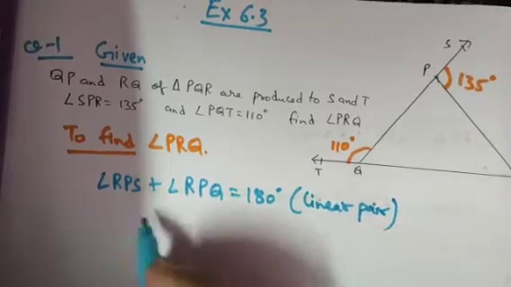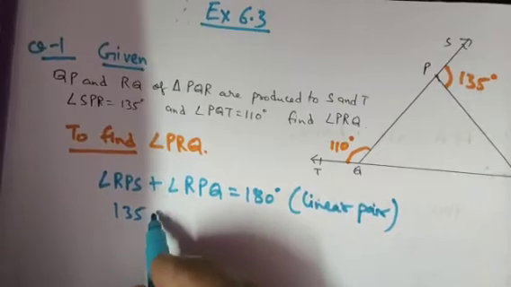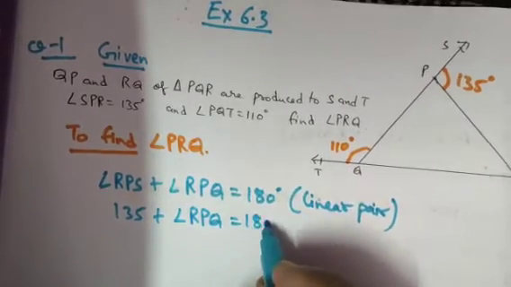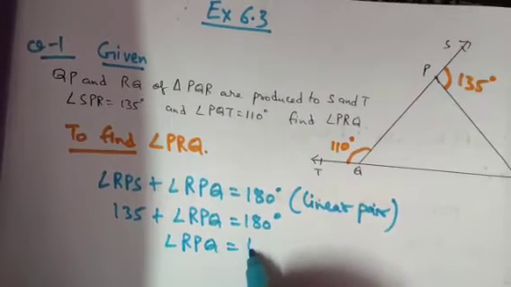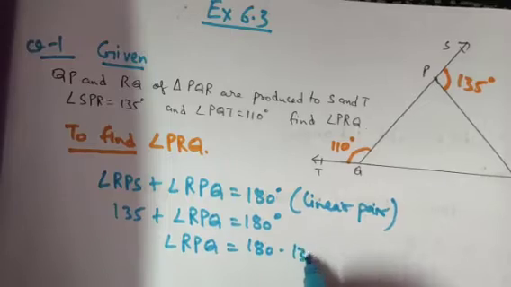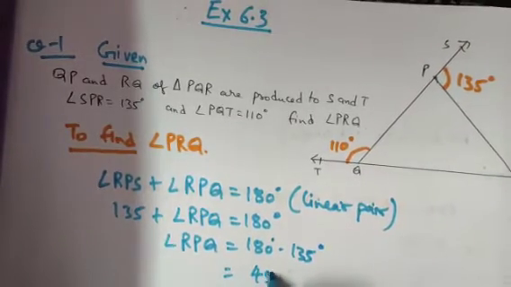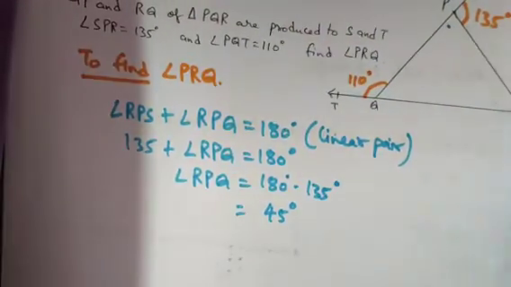RPS is given, that is 135, plus angle RPQ equals 180 degrees. So angle RPQ will be equal to 180 degrees minus 135 degrees, that is equal to 45 degrees. Okay, now we have calculated this as 45.